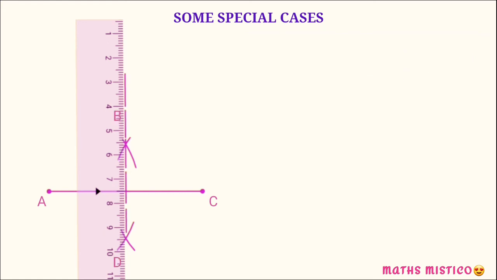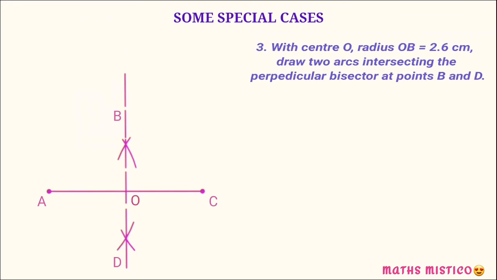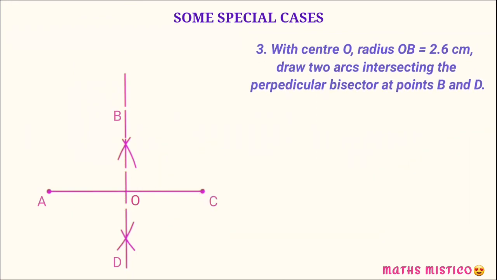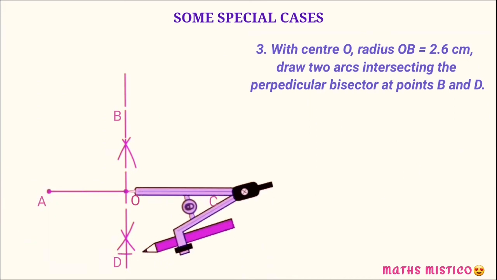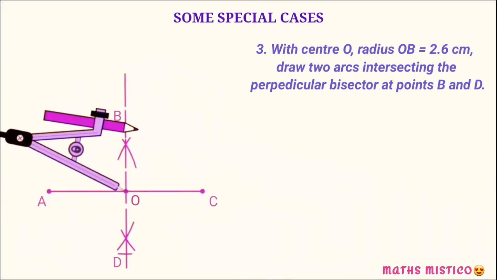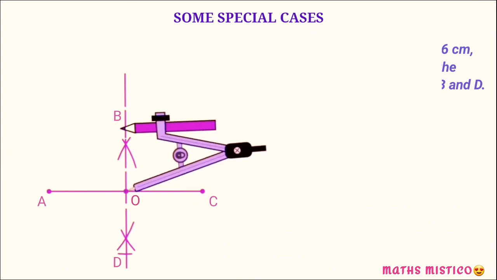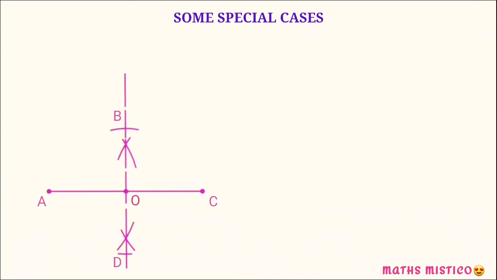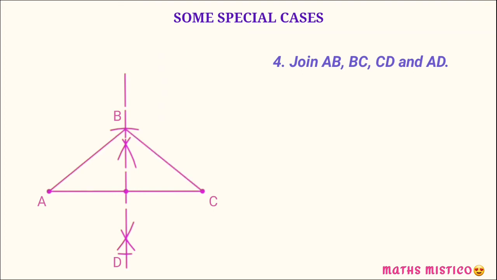And thus we get the point O. Now the points B and D are lying on this perpendicular bisector at equal distances of 2.6 centimeters. So we will take 2.6 centimeters as radius on our compass, place it on center O and cut 2 arcs on the perpendicular bisector. These 2 points are B and D. Joining these points to A and C, we finally get the rhombus ABCD.